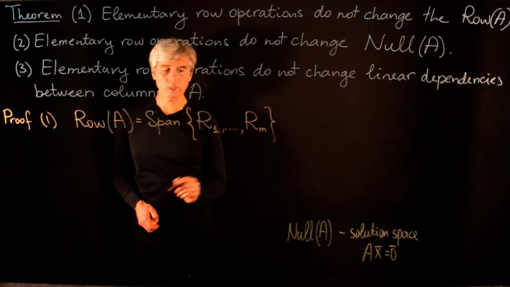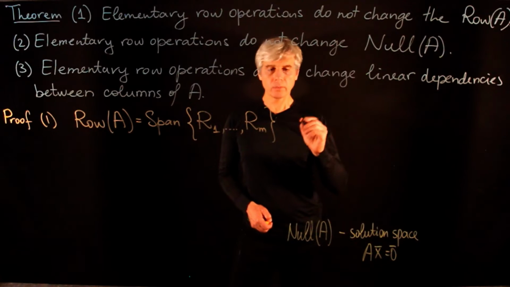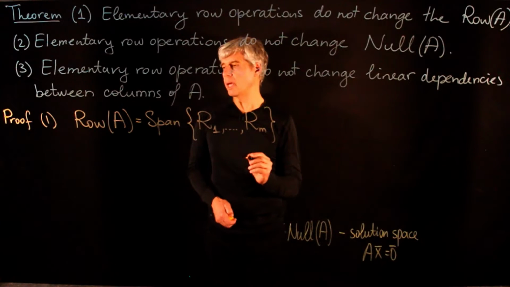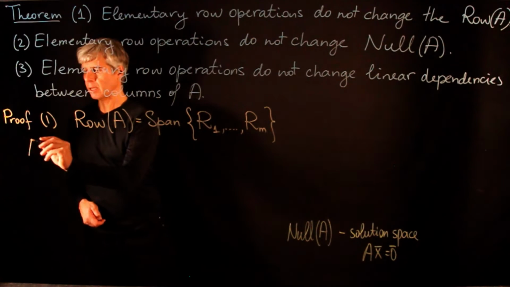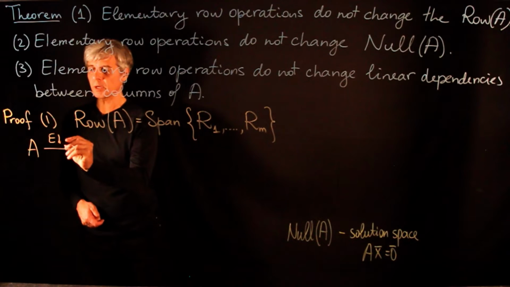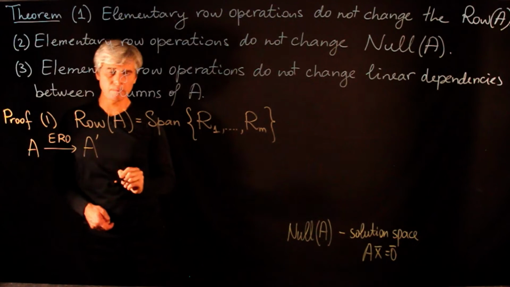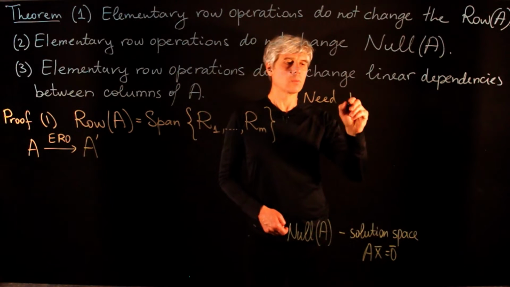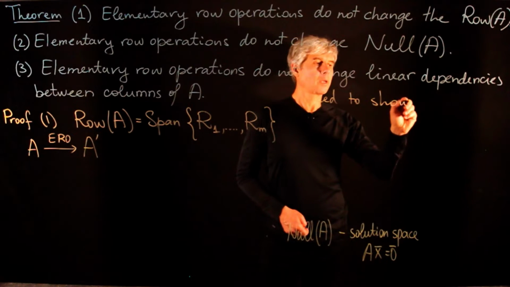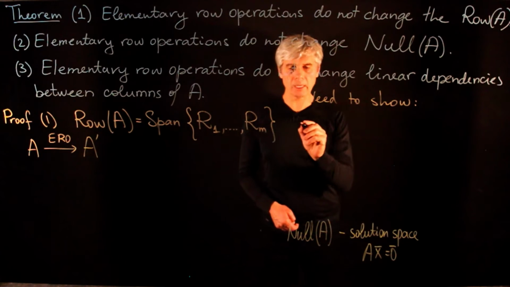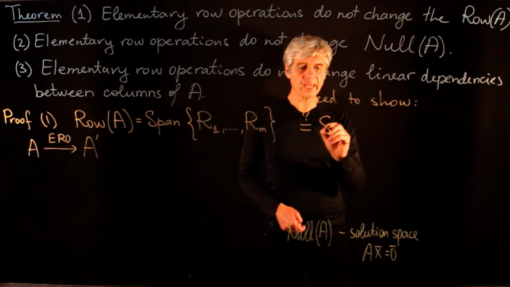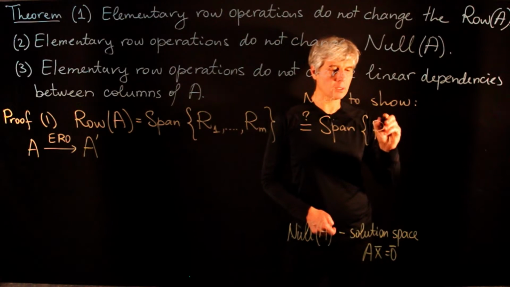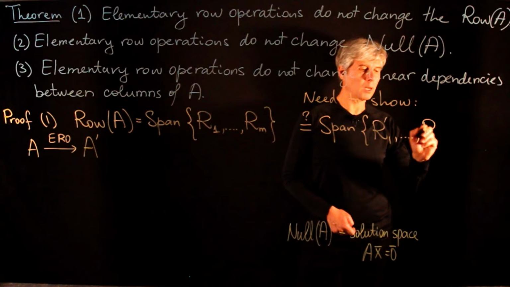We apply elementary row operations to the rows, and we get a new matrix A prime with new rows. What we need to show is that this row space is equal to the span of the rows of the new matrix, R1 prime up to Rm prime.